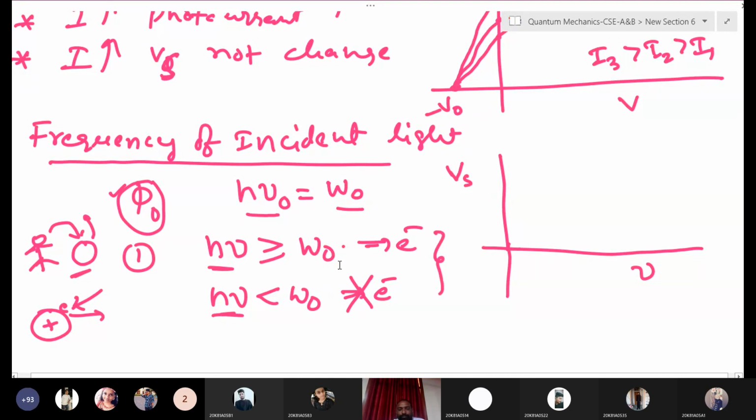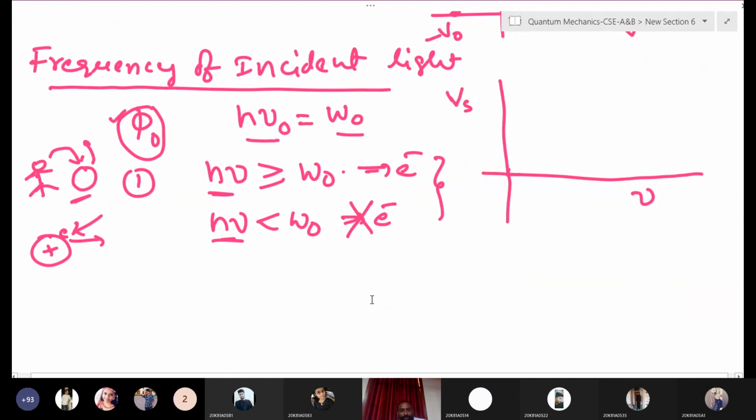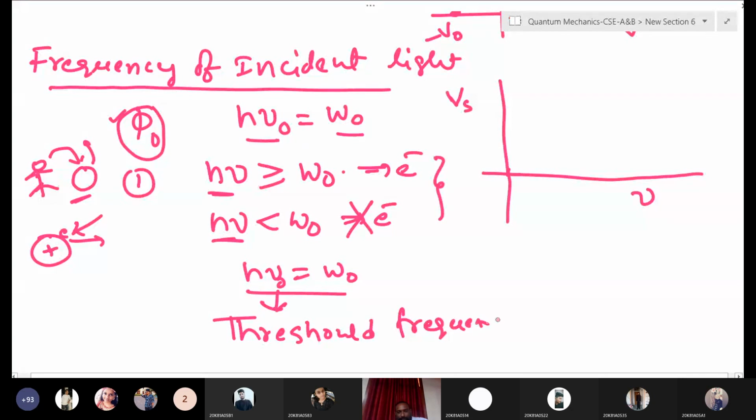So here h nu 0 is equivalent to the work function. This nu 0 is what we call the threshold frequency. What is the threshold frequency? The minimum frequency required to eject the electron, or you can say the minimum energy required to eject the electron.